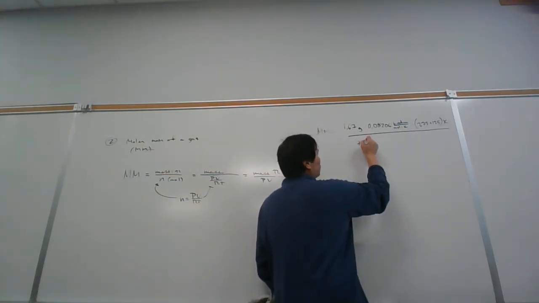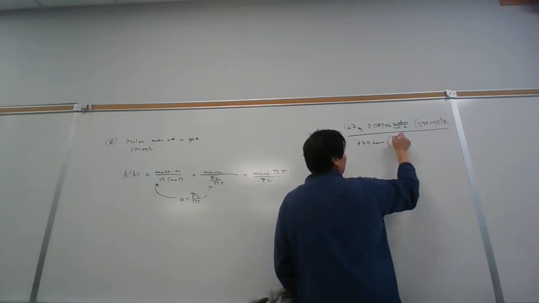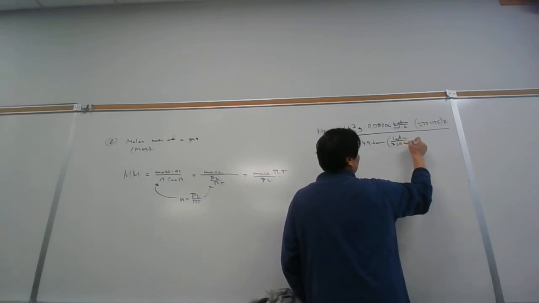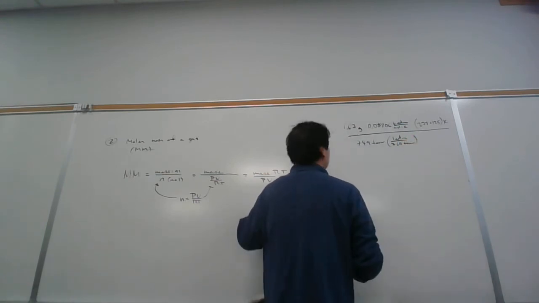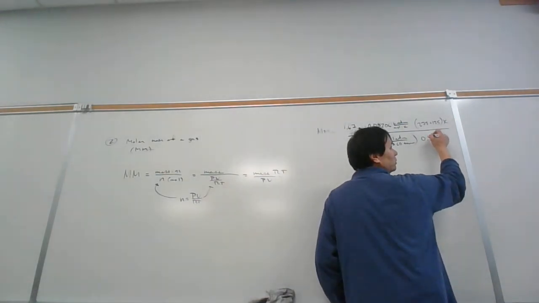They gave us 749 torr. So 749 torr, we need to convert that. 1 atmosphere is exactly 760 torr. And the volume they gave us in liters, so that's 0.421 liters.